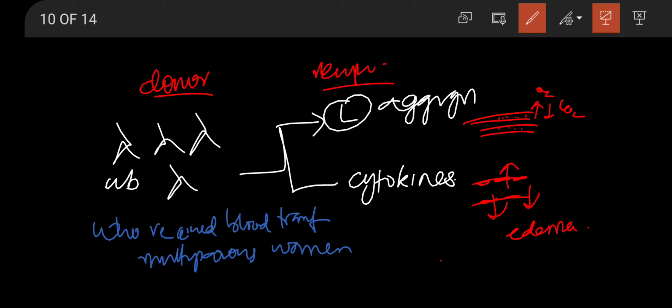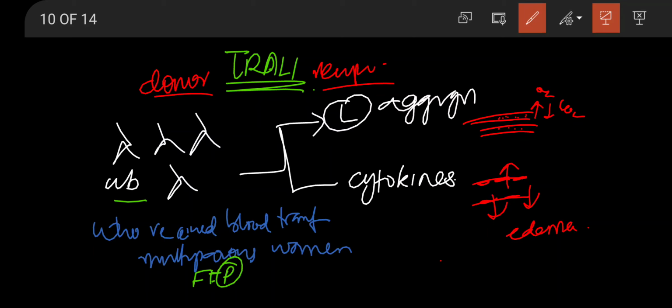So if such people are the donors, multiparous women or those who had multiple transfusions previously, and more commonly this can also occur with fresh frozen plasma rather than whole blood. Why? In plasma you have a lot of antibodies, isn't it? So all these are the risk factors for developing TRALI.